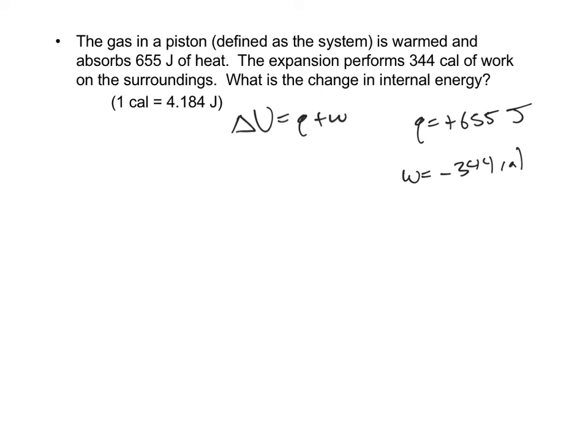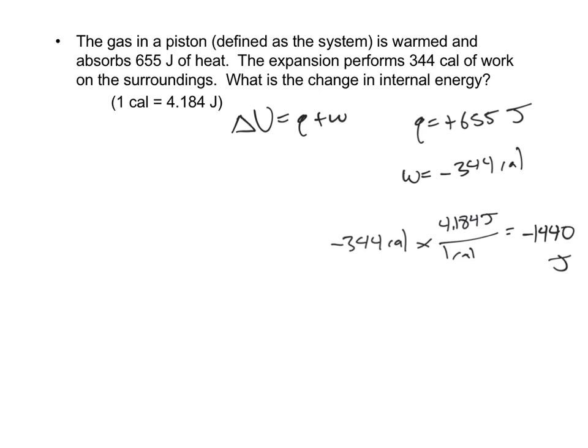We usually work in joules, so I'm going to convert the calories into joules. I have negative 344 calories for the work, and 1 calorie is 4.184 joules. And so I get negative 1440 joules.